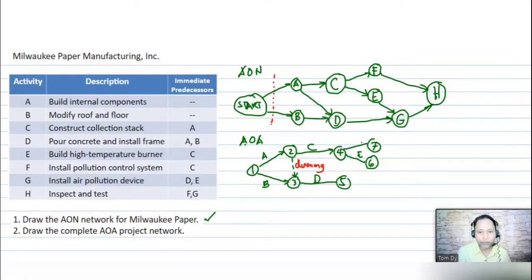This is F. E, F. And then for G, we have D and E.